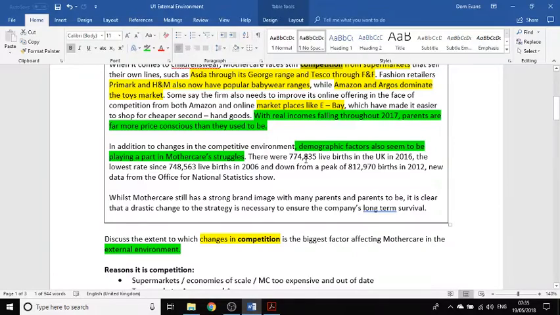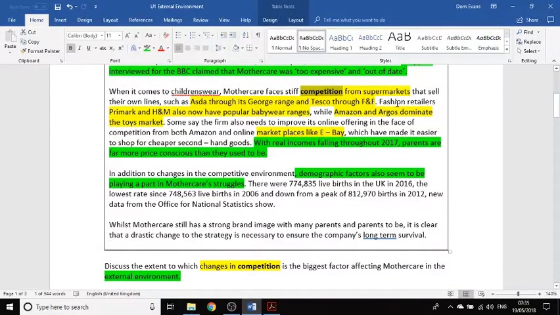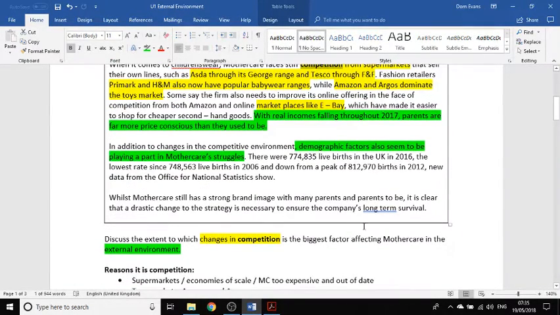There were effectively 775,000 live births in 2016, down from a peak of 815,000 births in 2012. So we can see that their target market is falling in size as well. So we've got information about competition, falling real incomes, and demographic factors. That's enough for me to put together an essay.